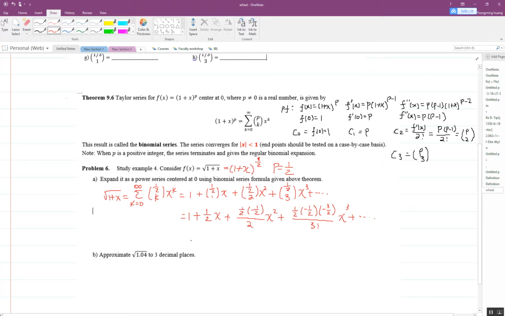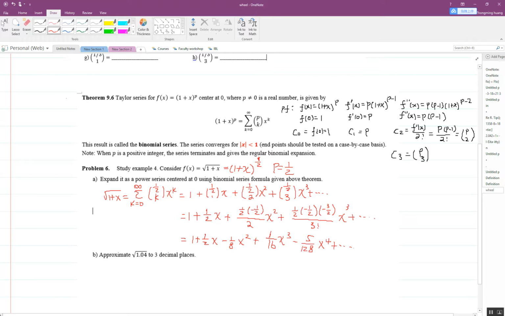Simplifying, the next one is negative 1/8 x squared. The next one will be positive, with 6 on the bottom, and a 3 cancels, and it's 1/16 x to the power 3. The next one, if you compute, will be negative 5/128 x to the 4th. So this is it.